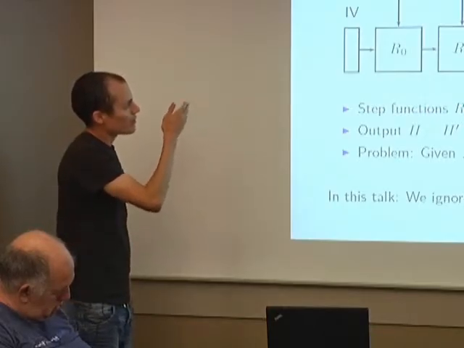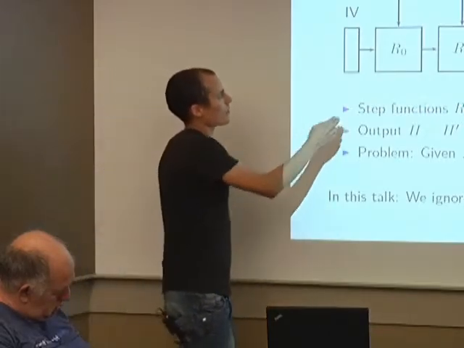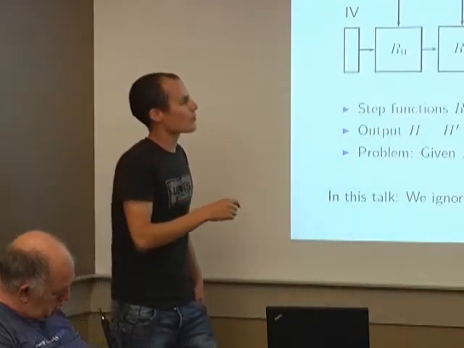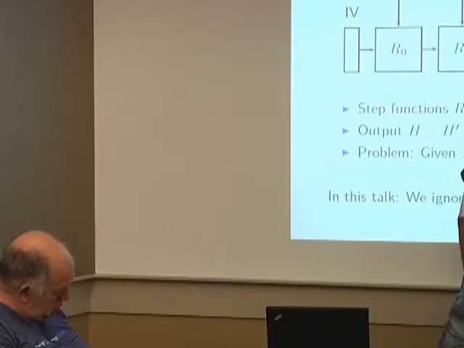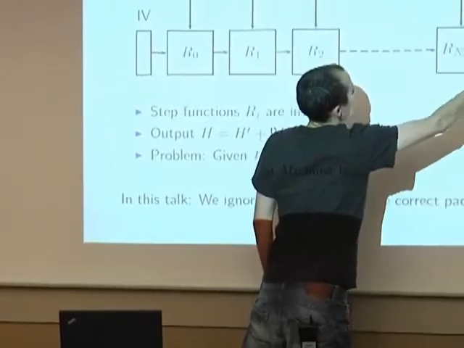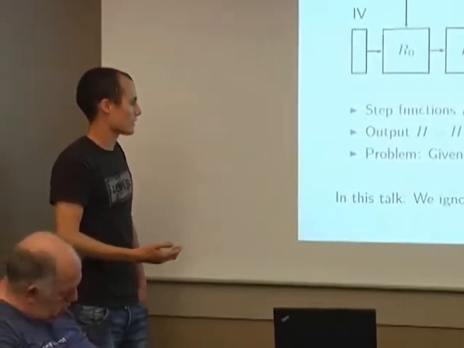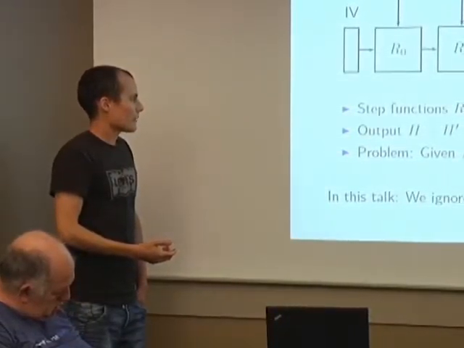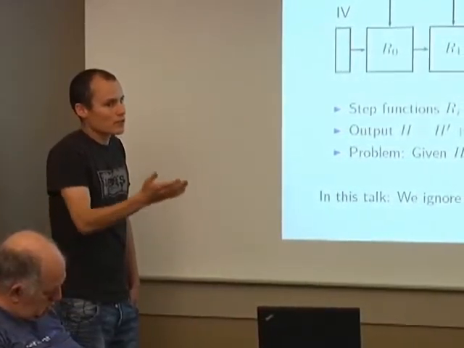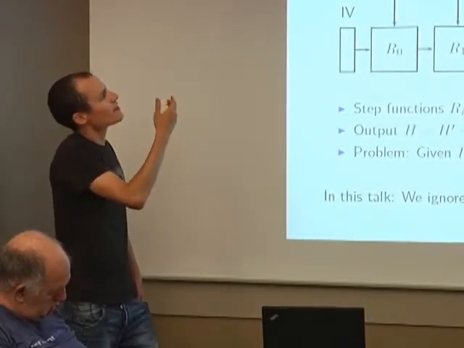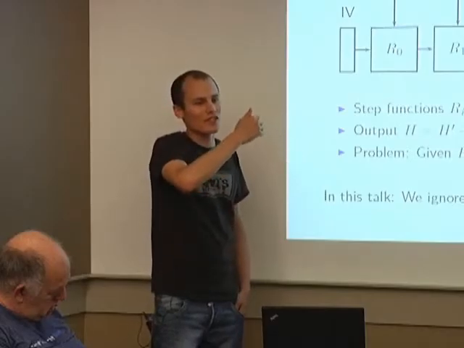What is important here, what we will use for our attacks, is that all these step functions are invertible. So if we know h prime and we know this expanded message word, we can compute in this direction. This is what we will use essentially in our attacks. The problem now is, how do you go from M1 to W0, W1, and so on? As I said, you expand the message in some way.